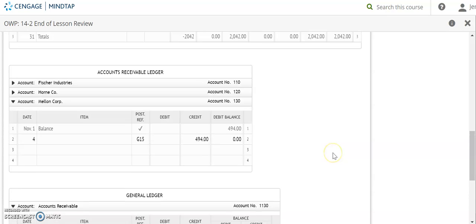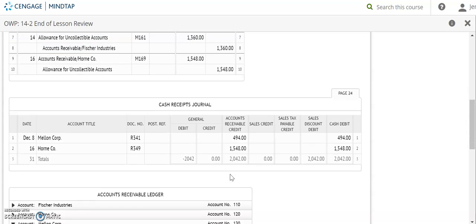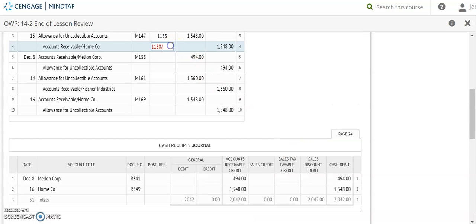Account number 1130 goes back up. I'm going to put that slash in there, and then I'm also going to post that credit to Horn Company. So the date is the 15th, post reference G15, a credit of $1,548, and that brings it to a 0 balance. Again, this is where we would write written off in here. Okay, I'm going to bring my account number 120 back up.